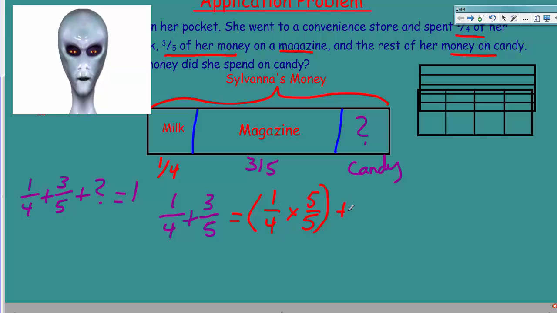Okay? And then we're going to go ahead and add our 3/5. And since our 3/5, let me put this here, is going to be times 4/4. Okay? And again, you may be asking, how did I get that? Well, if I'm changing these unit fractions into 20ths, that's like I'm changing those two fractions, okay, like so.